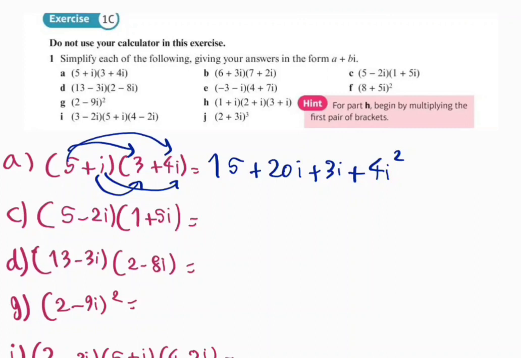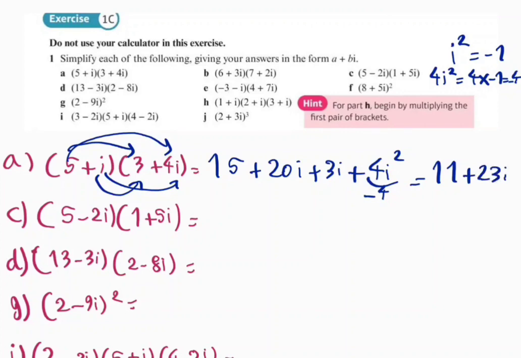But because we know that i squared is equal to minus 1, 4i squared is equal to 4 times minus 1, which is minus 4. That means this term is actually a real term, not an imaginary term, and that's the difference. So we can simplify this further. 15 minus 4 is 11, and 20i plus 3i is plus 23i.